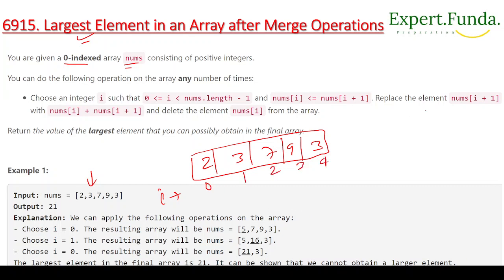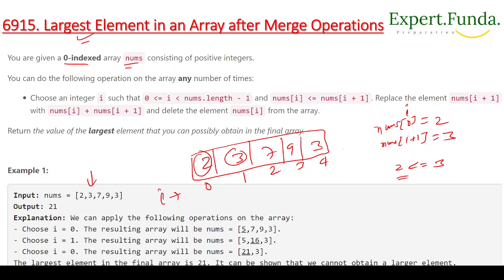We'll check consecutive elements, 2 and 3. Let's suppose nums of i, where i is 0, is 2, and nums of i plus 1 is 3. If nums[i] is less than or equal to nums[i+1], that is true, because 2 is smaller than 3.